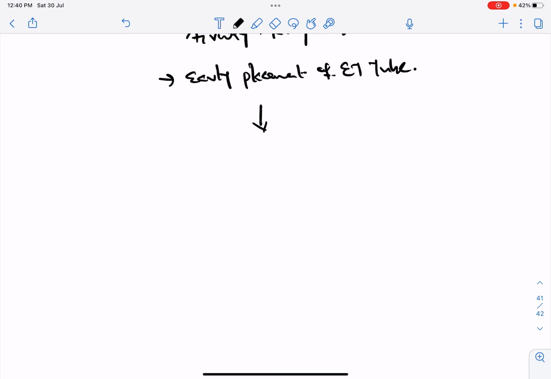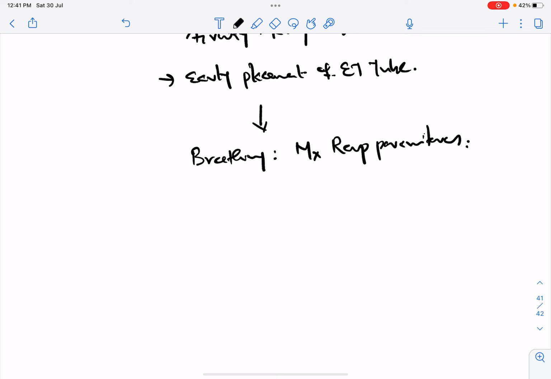In the breathing part, we have to manage the respiratory parameters. With the ambu bag, you have to ventilate the patient at a rate of 10 breaths per minute.